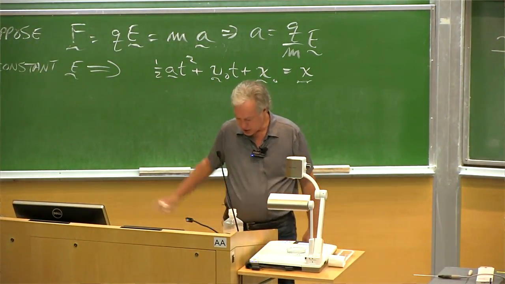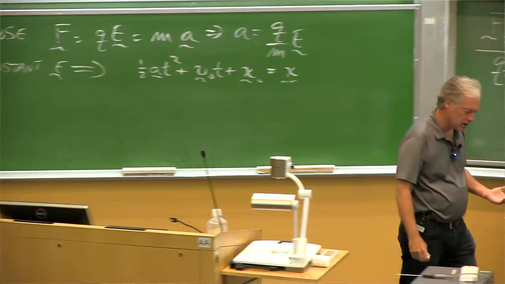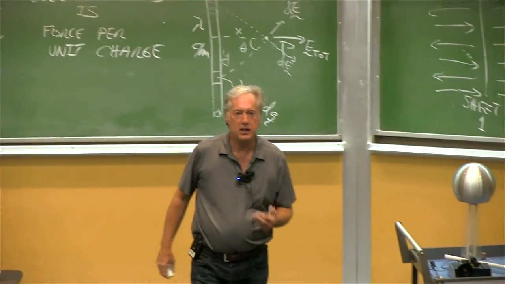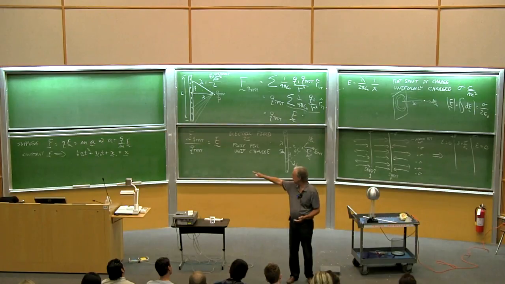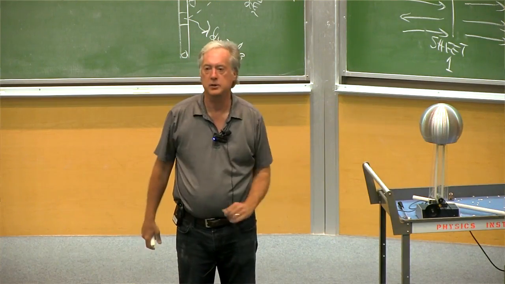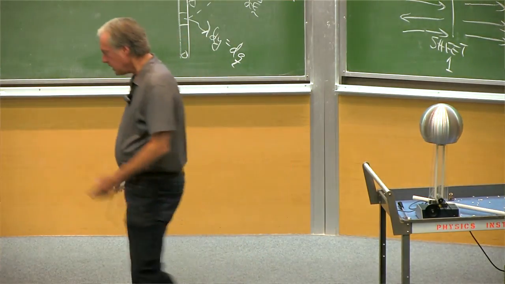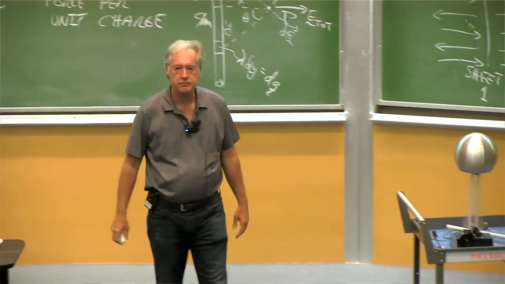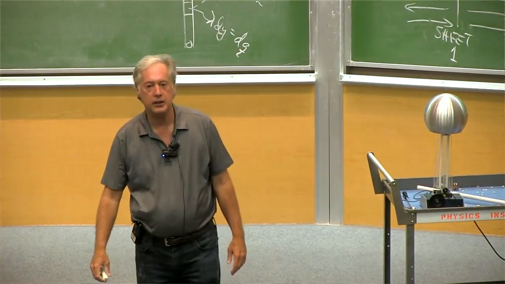So you can use your standard mechanics now to calculate the trajectory of charged particles in constant electric fields, or you can use just straight F equals QE and follow them in varying electric fields in space, but it gets more complicated for that. Where are some examples that we do this kind of stuff? Can you think of things where electric fields accelerate things?